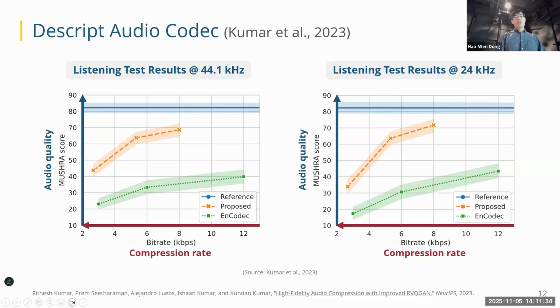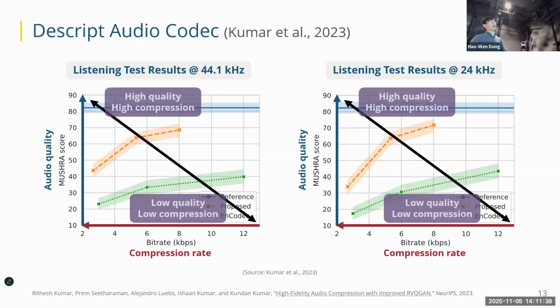Whenever you see this kind of plot, you want it to be at the top left as possible: high quality, high compression. And at the bottom right, it's low quality, low compression. It doesn't do a lot of things, you can just send the original waveform. Anyway, this is just audio codec.